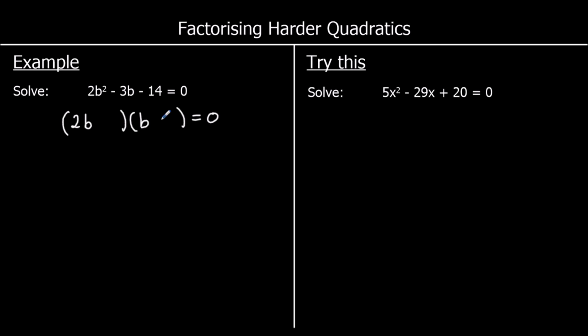To find out what these two numbers are, we're going to do our a times our c. So 2 times -14 is -28. So we're going to write down the factors of 28, which is 1 28, 2 14s.